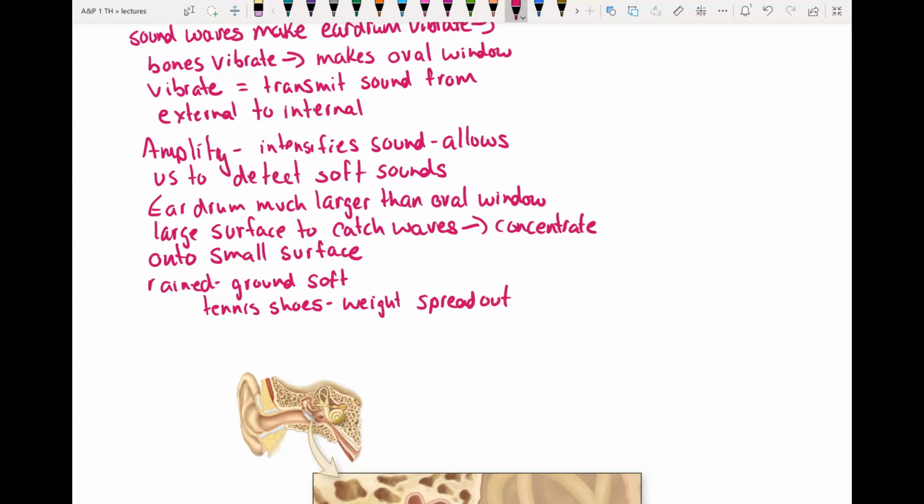However, if you try walking in high heels on that same ground, you're going to sink, because now the same weight, you weigh the same no matter which shoes you're wearing, but your weight is concentrated on a small surface, that little heel.